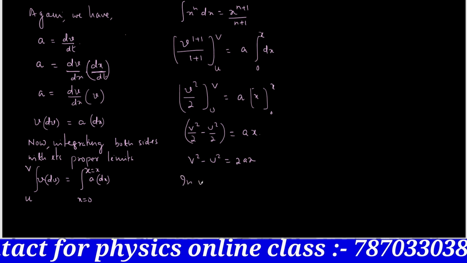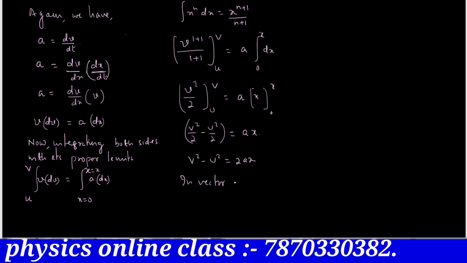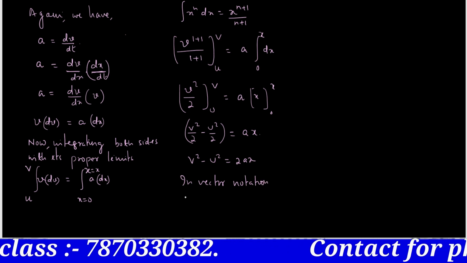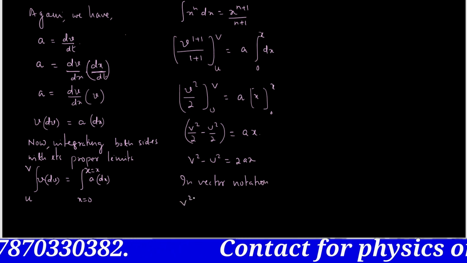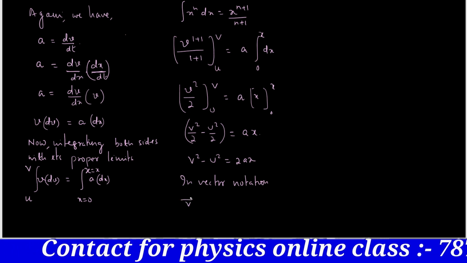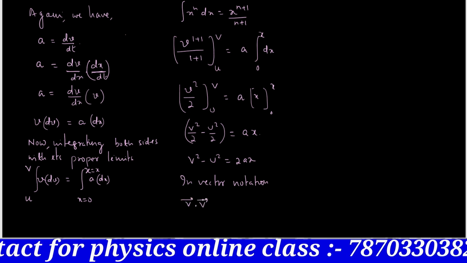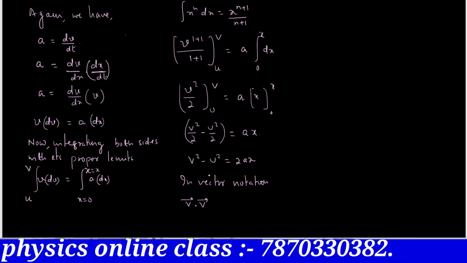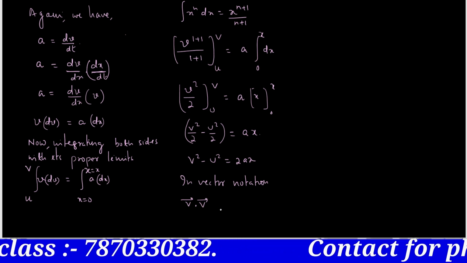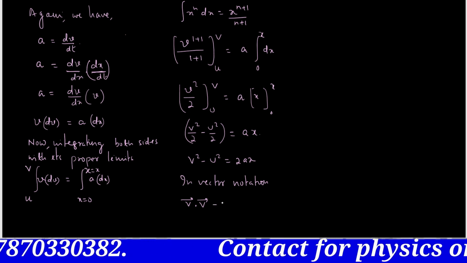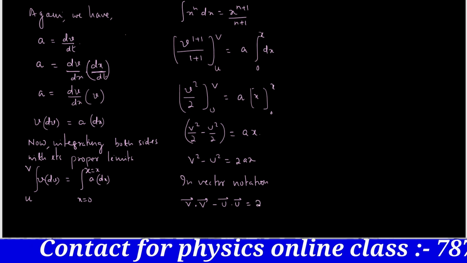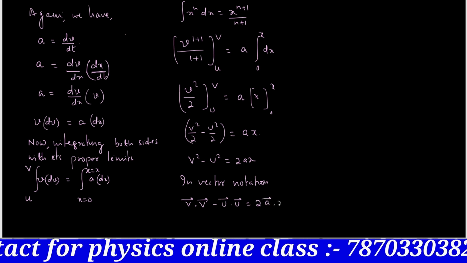In vector notation, we can write this as v vector dot v vector minus u vector dot u vector equal to 2 a vector dot x vector.